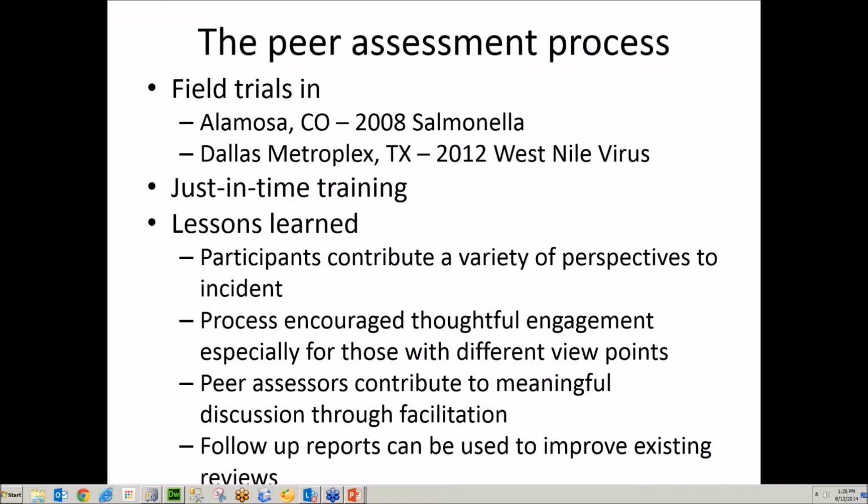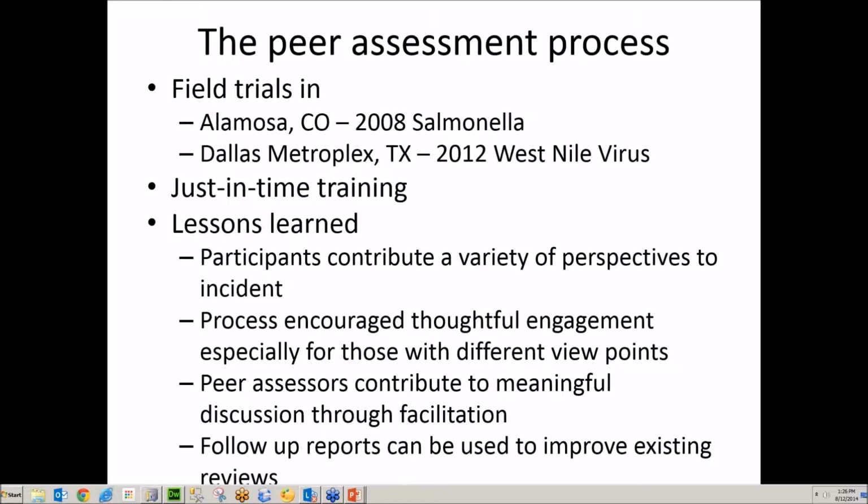Hi, everyone. To pick up exactly where Mike left off, the process that Mike just described was conducted expanding on both the facilitated look back and the root cause analysis process to bring together members of this interdisciplinary system that responds to these critical incidents that we've been talking about.